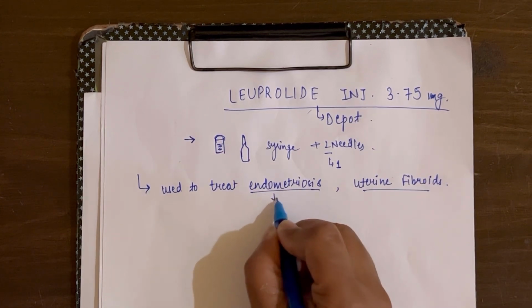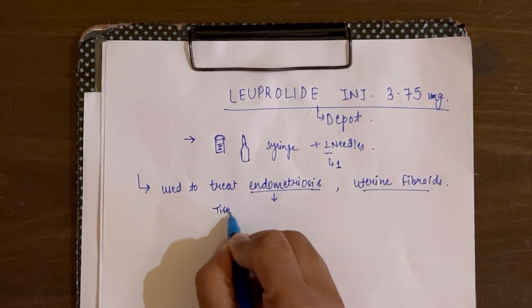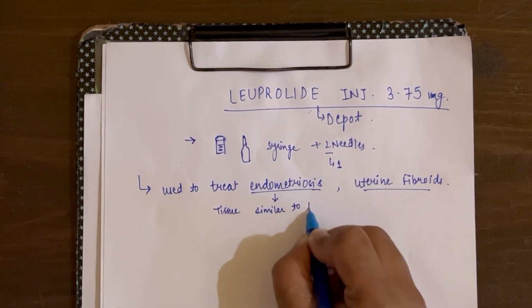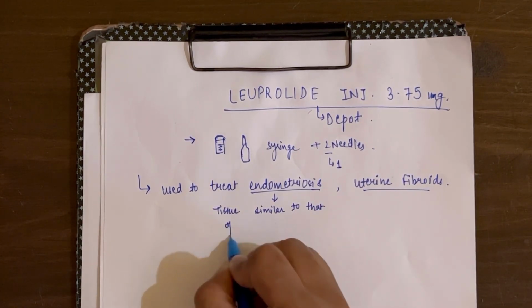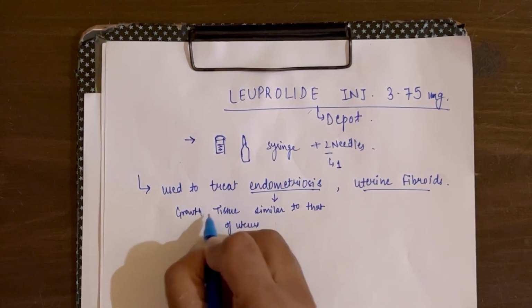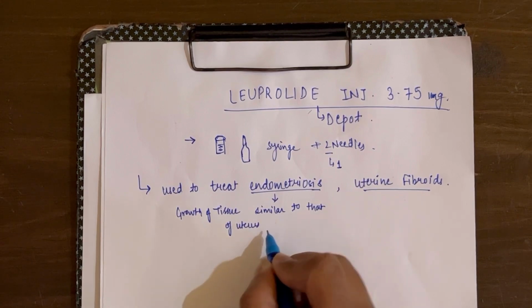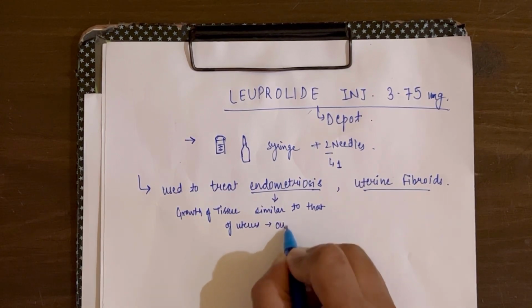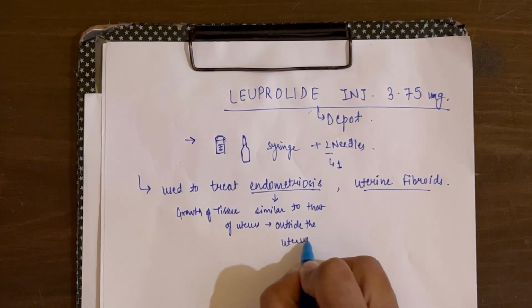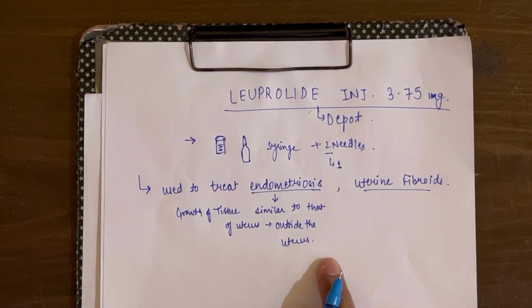So endometriosis means growth of a tissue that is similar to that of the uterus, but it is outside the uterus. So this condition is known as endometriosis.